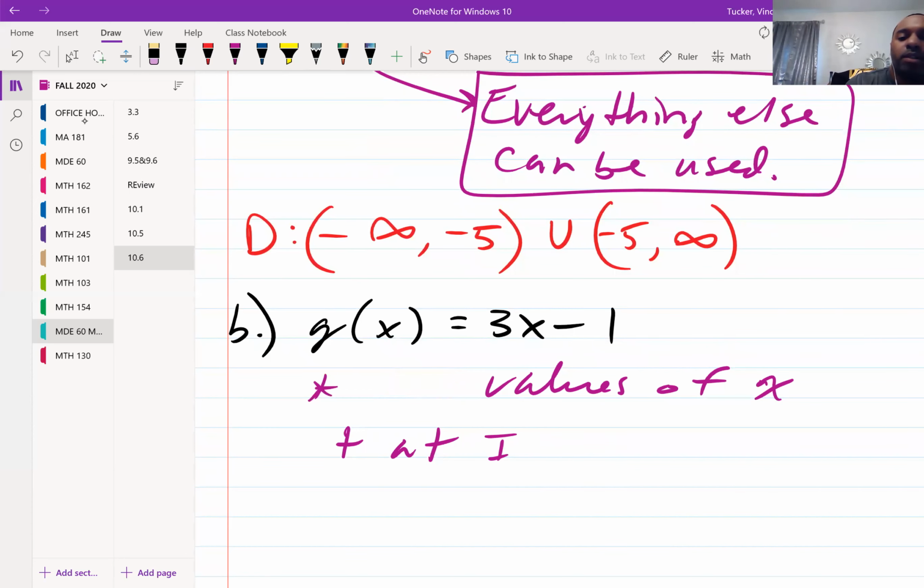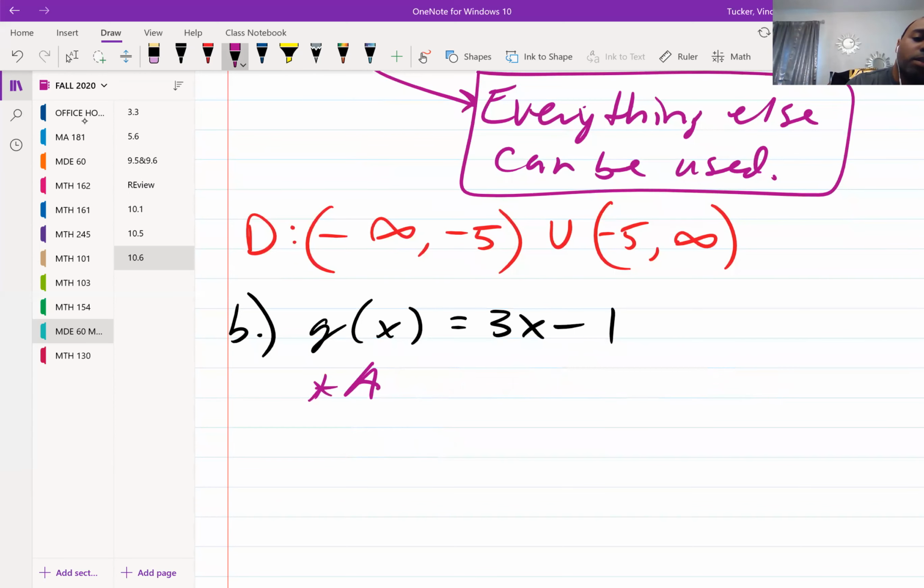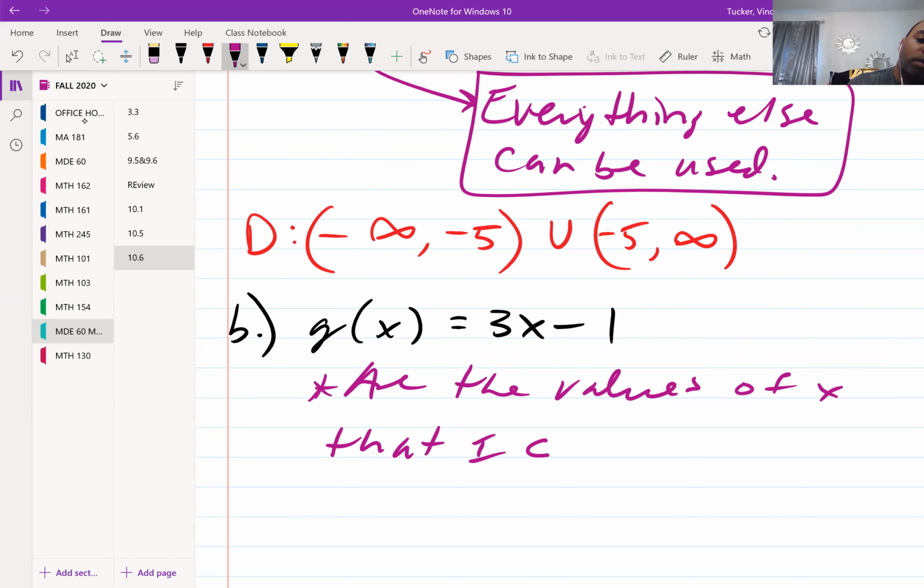Let me say it better. Are there values of x that you cannot use?